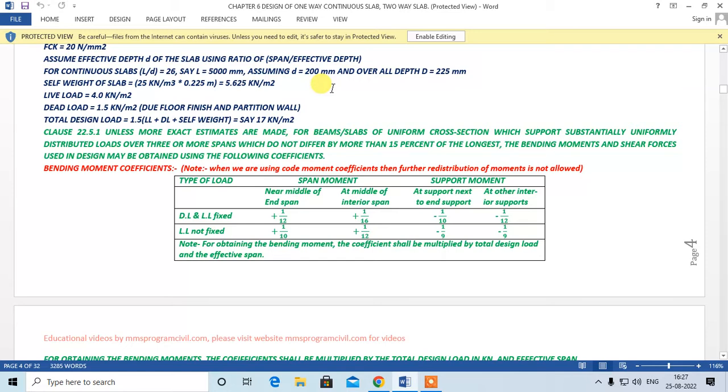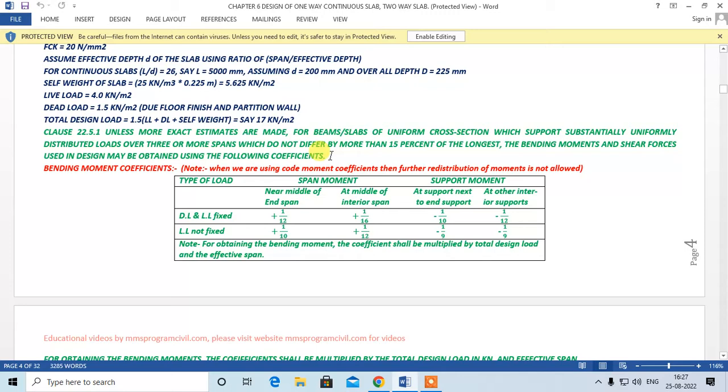Okay. So according to clause 22.5.1, unless more exact estimates are made for beam slab of uniform cross section which supports substantially uniformly distributed load over three or more spans which do not differ more than 15% of the longest, the bending moment and shear force used in design may be obtained using the following coefficients.